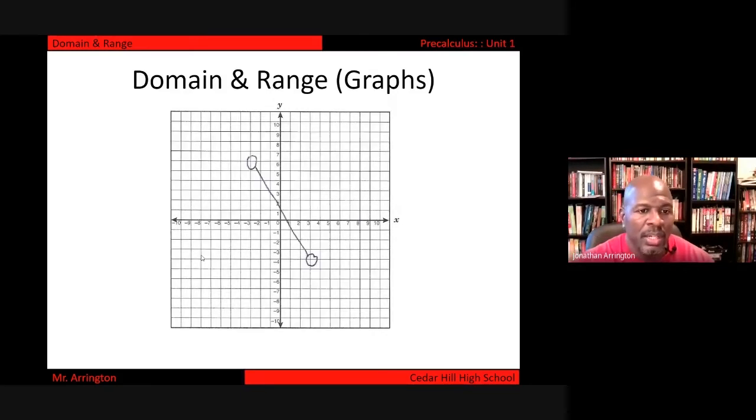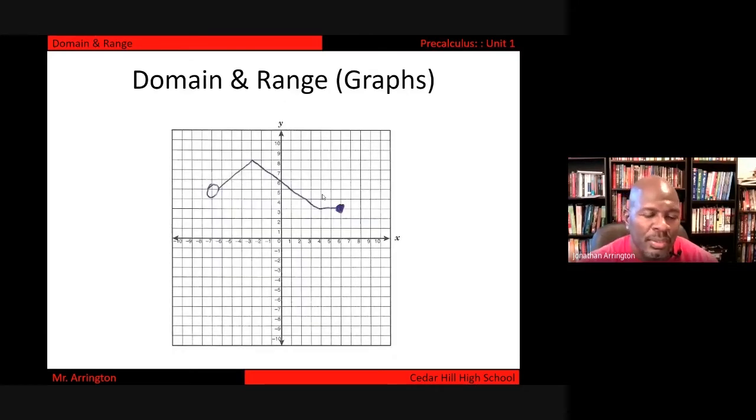Let's look at the next graph. So there's the next graph. And again, when you think of range, you're thinking of y. So our bottom endpoint here is -4. Our top endpoint is 6. There are open circles on both of those, so we'll have parentheses instead of brackets, of course. Let's look at our next graph.